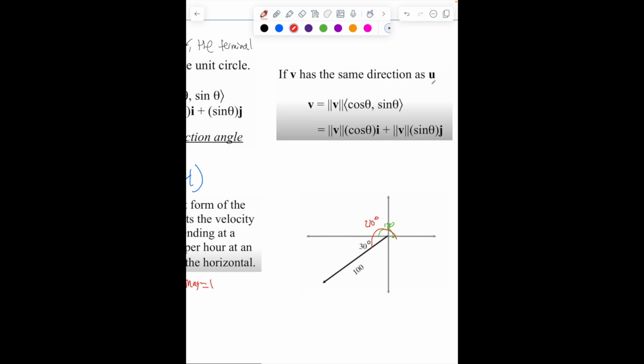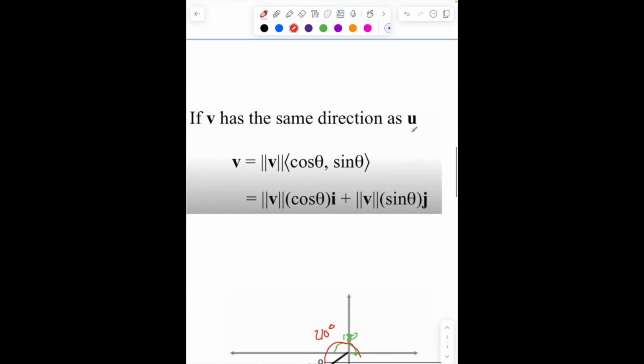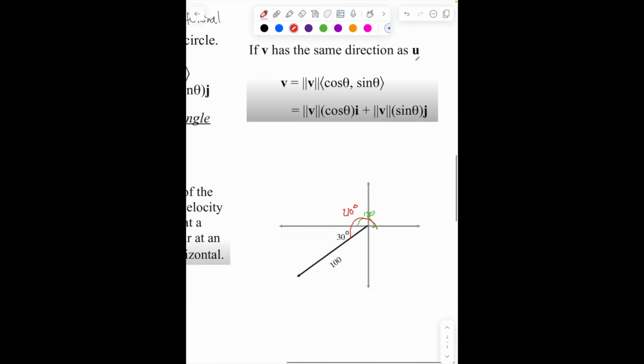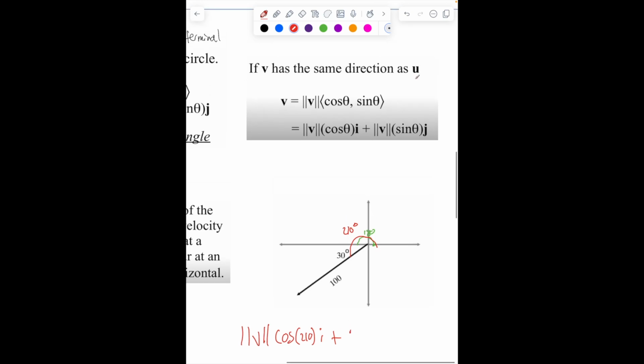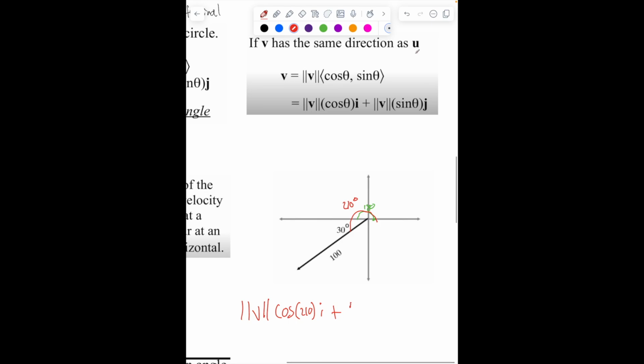So now I'm going to take that formula. I just found theta. I'm going to take this formula up above, and say the magnitude of v multiplied by cosine 210 i plus sine 210 j. I need to also include the magnitude.